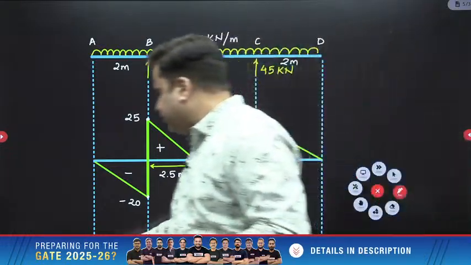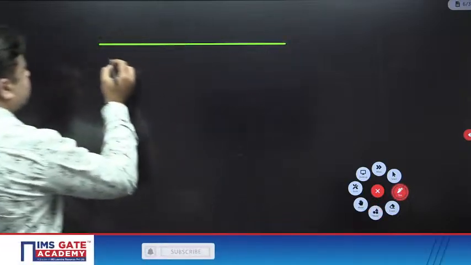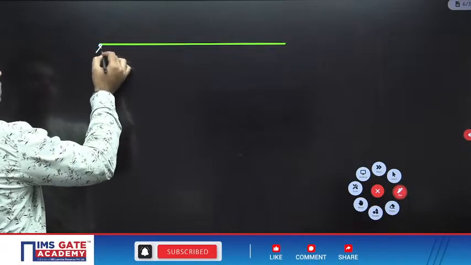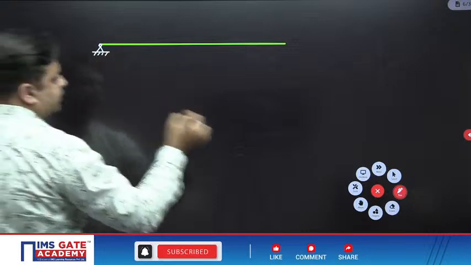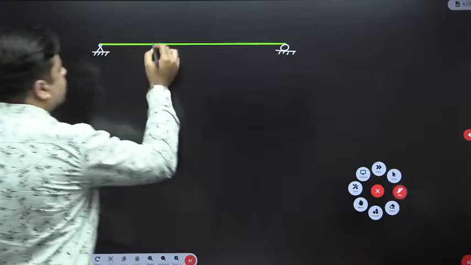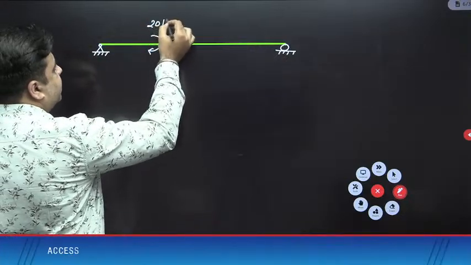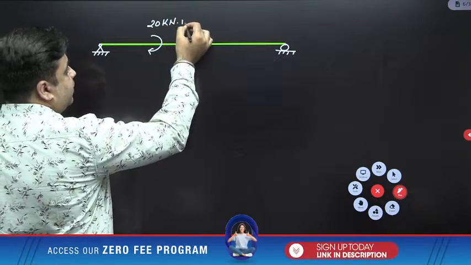Let me take one simply supported beam also. For example, you have a simply supported beam like this, subjected to a few things. It is subjected to a moment, and the value of this moment is 20 kilonewton meter.